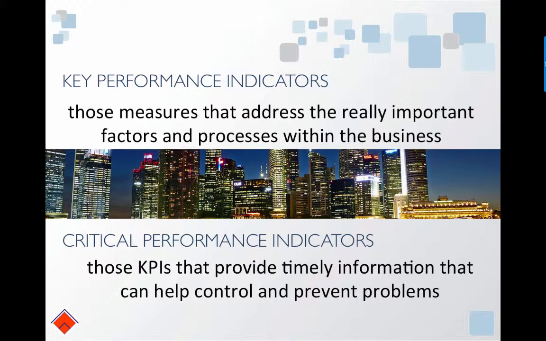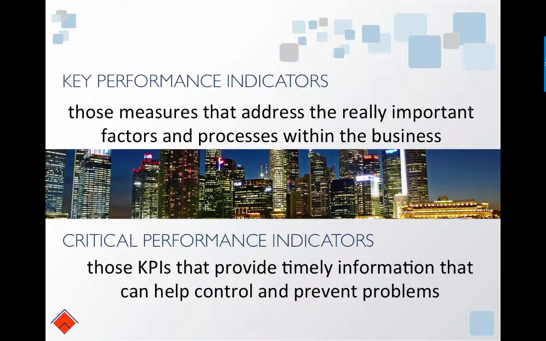For example, we might think that measuring our energy usage is very important, part of our green agenda. However, it is unlikely that it will allow us to take swift action to change what we do. So it might be an important or key indicator, but it is not a critical indicator.